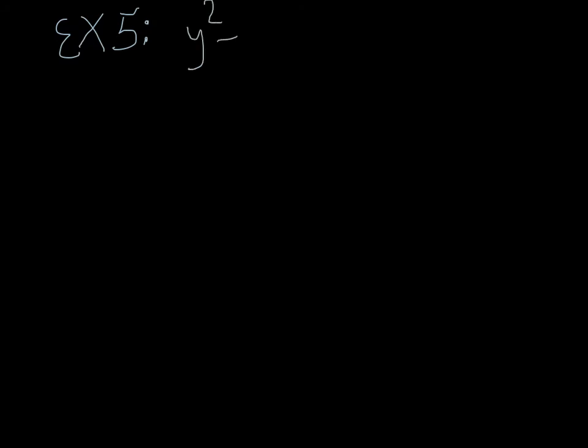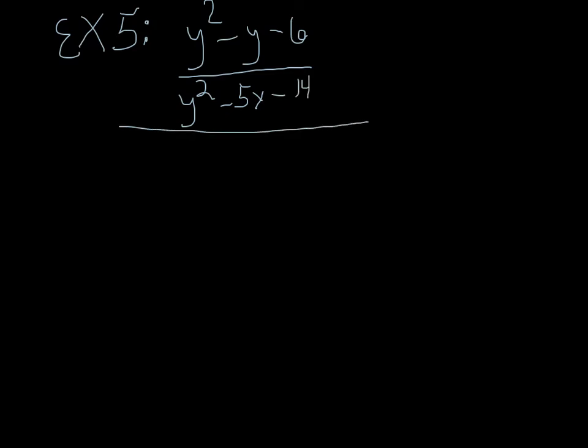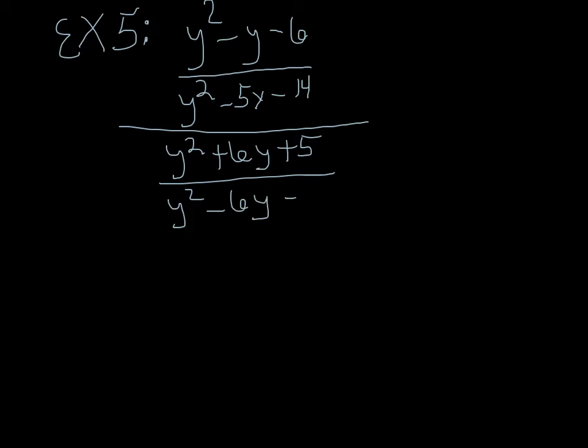Y squared minus y minus 6 all over y squared minus 5y minus 14, okay? And then all of that is divided by y squared plus 6y plus 5, okay, all over y squared minus 6y minus 7.